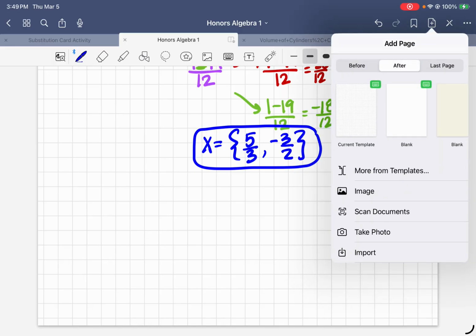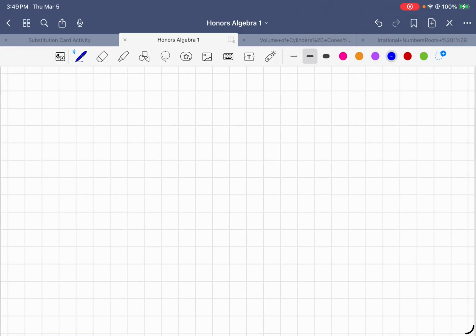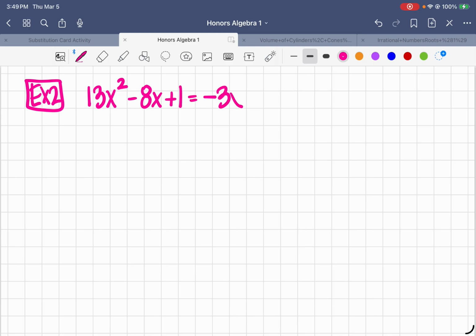So the problem here is example 2. You have 13x squared minus 8x plus 1 equals negative 3x squared. Okay, so before I even let you go off on your own, what do you notice here that we have to have that we don't have?